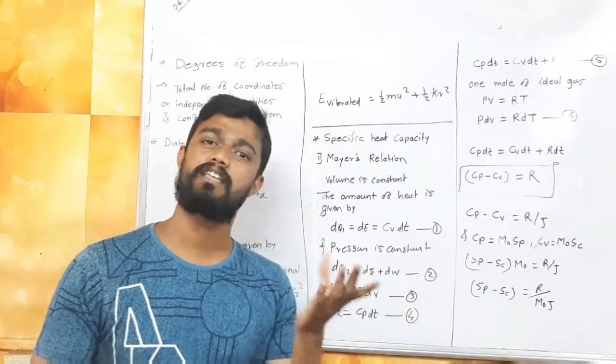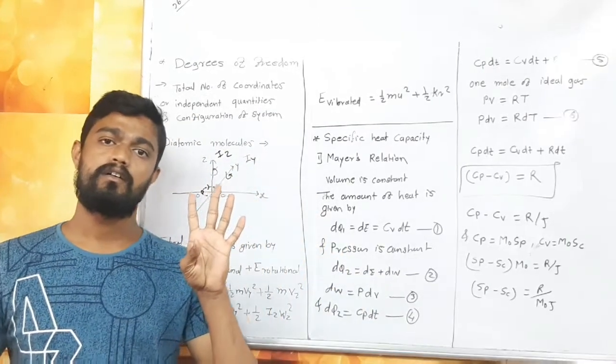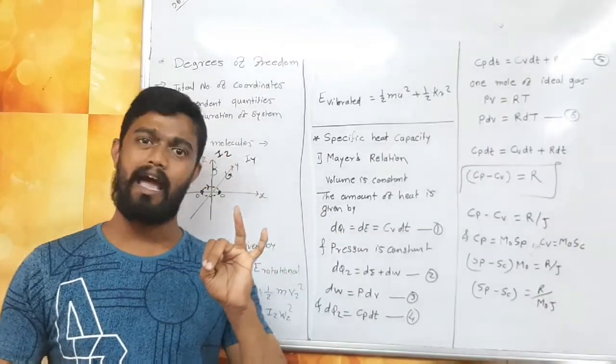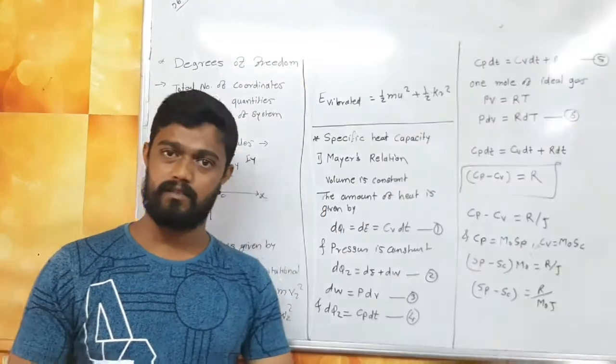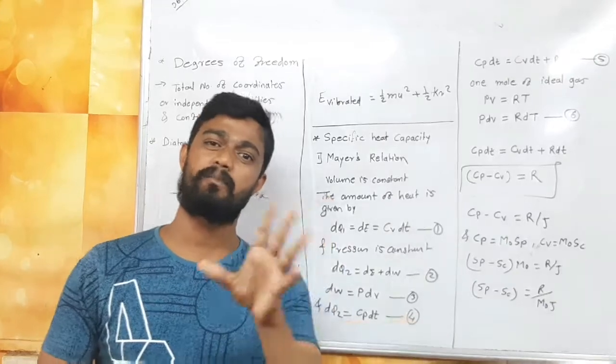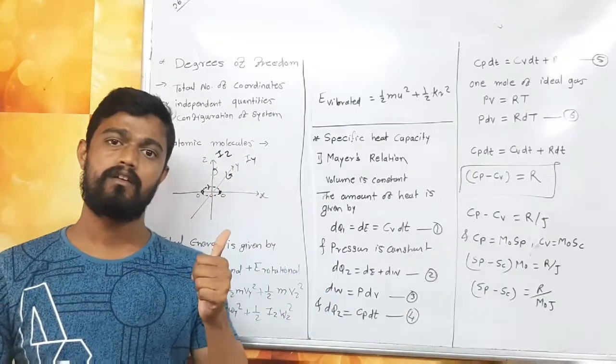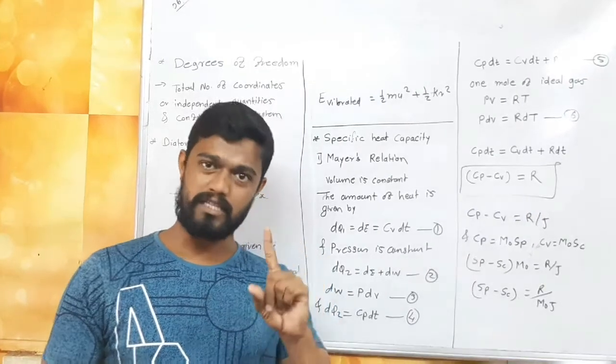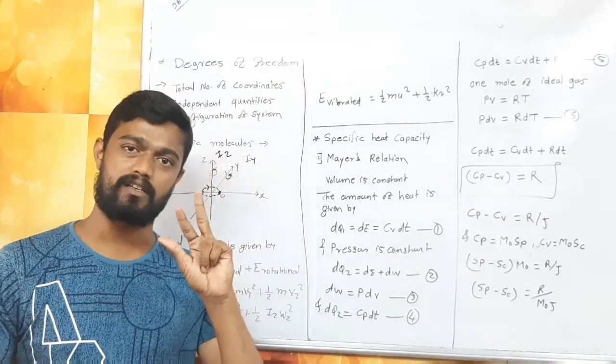Total energy depends on E translational, E rotational and E vibration. It means the energy depends on 3 motions: translational motion, rotational motion and vibrational motion.